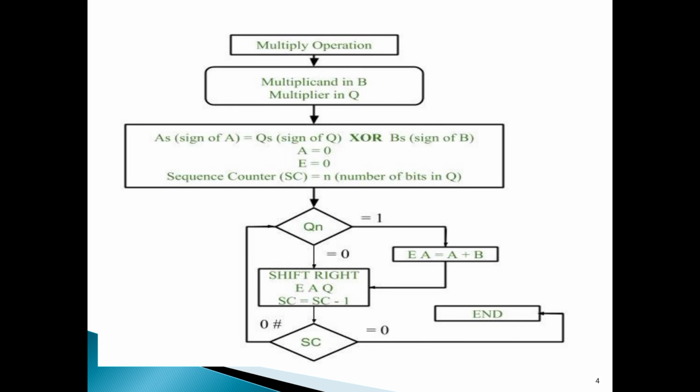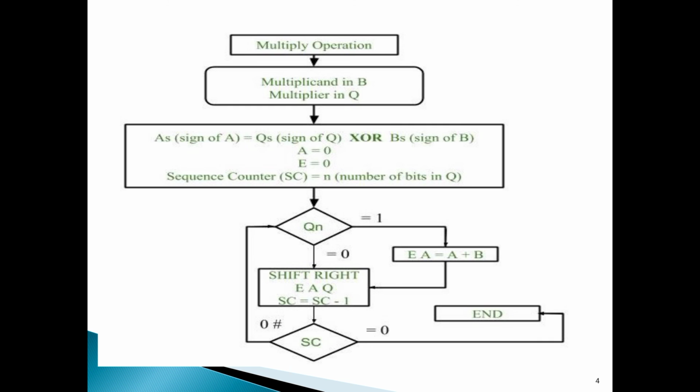According to this flow chart, if Qn is equal to 1, then what will you do? Add A and B, and the result is transferred to A. After the addition, perform the shift right operation for AQ and decrement the sequence counter.